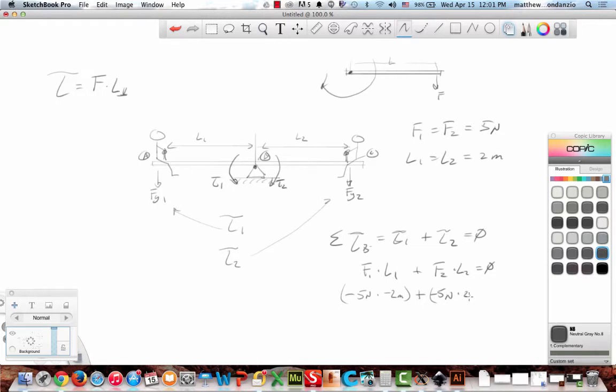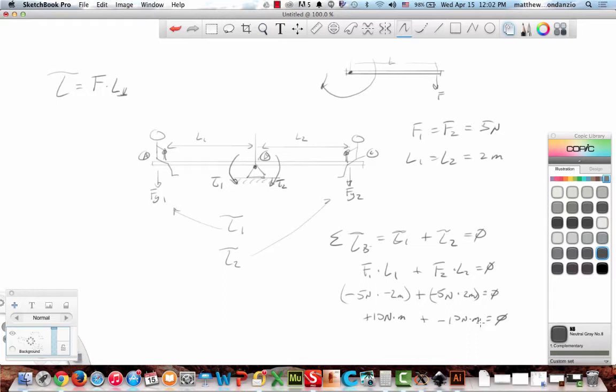Positive. So times 2 meters. So that means I'm going to get positive 10 newton meters, that's the unit of torque, plus a negative 10 newton meters, and that does in fact equal 0. Does that make sense?